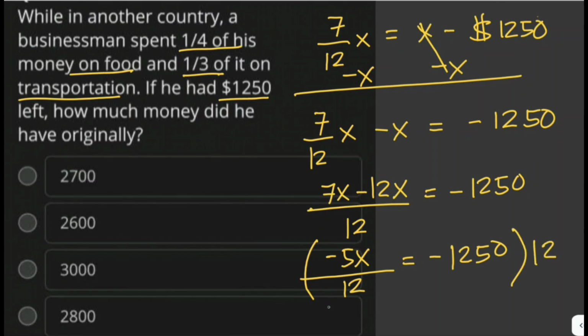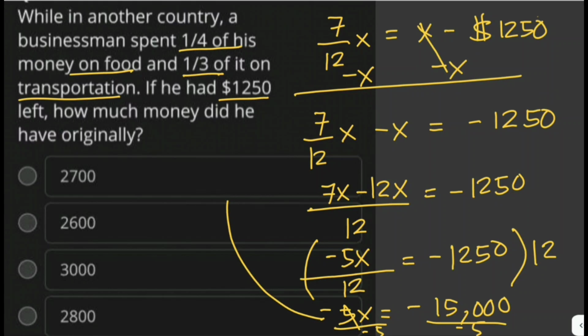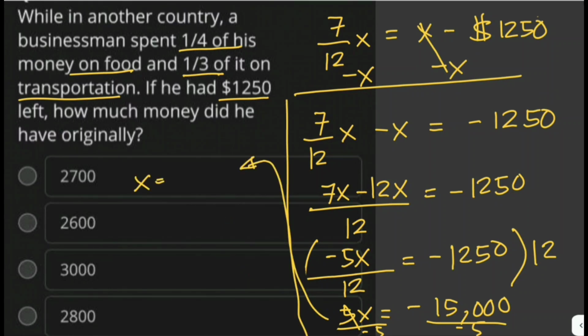We get negative 5x equals negative 15,000, and we divide both sides by negative 5. So our X is just equal to 3,000. Therefore, the original money the businessman had was $3,000. So the answer is this one.